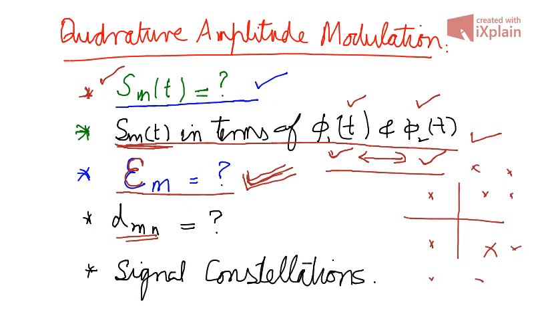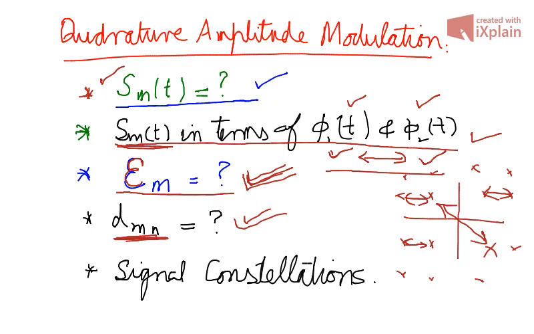We would always be interested in finding out the Euclidean distance, which is the distance between two points. Usually we are interested in the adjacent points. You can also find the distance between any two points using the same expression, which we will see while finding the Euclidean distance. But we will be interested in the minimum Euclidean distance.